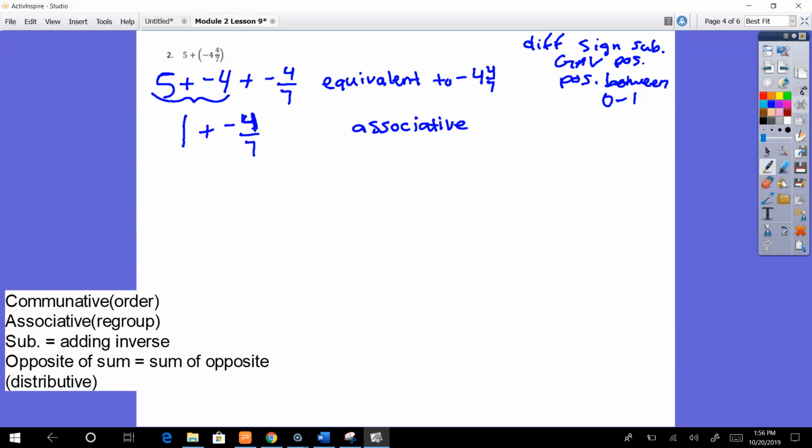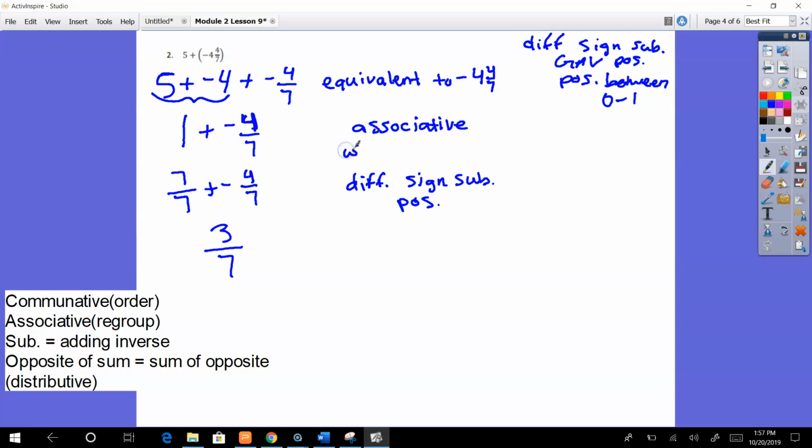And so 1 is the same thing as 7 over 7 plus a negative 4/7. Signs are different, so we're subtracting: 7, 6, 5, 4, 3. That gives me 3/7, and it was going to be positive.